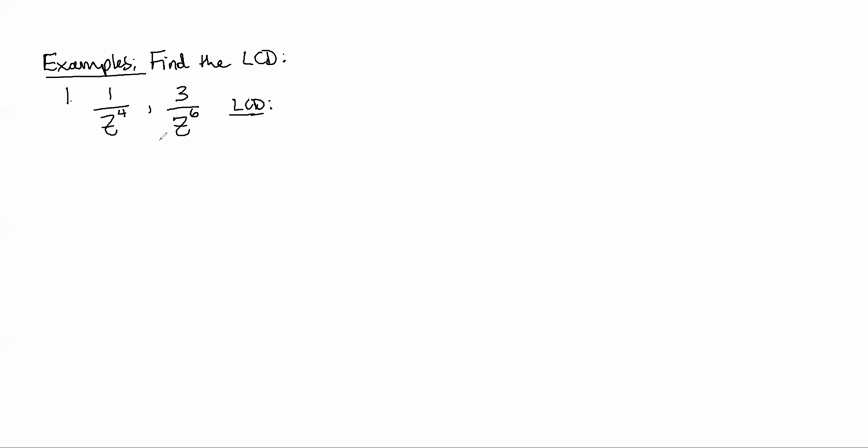The most number of times it occurs is 6 times. So remember, we're looking for the most number of times in one fraction. So our LCD is z to the 6th. So you can think highest exponent. It's kind of the opposite of when you're factoring. When you're factoring things out, you take out the lowest exponent. When you're finding the LCD, it's the highest exponent.